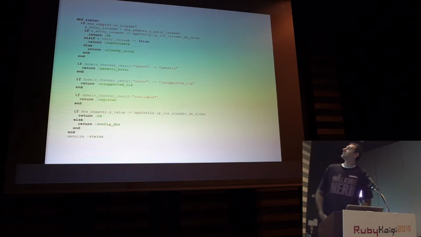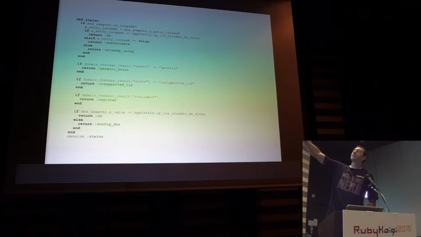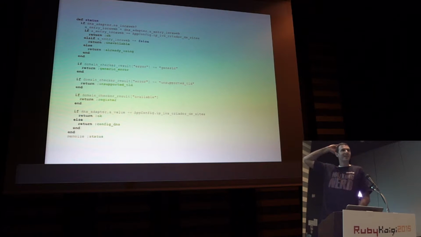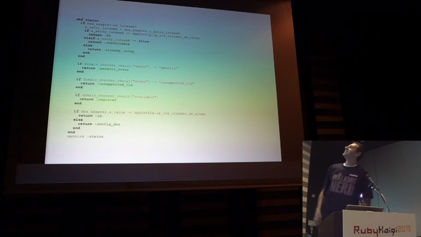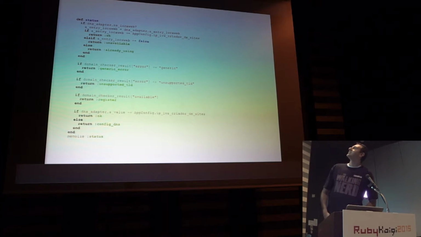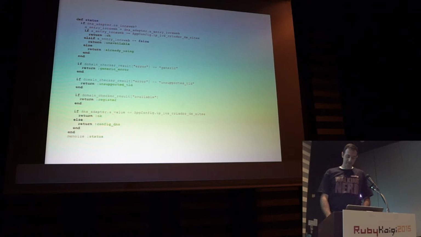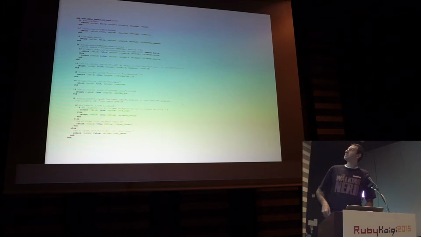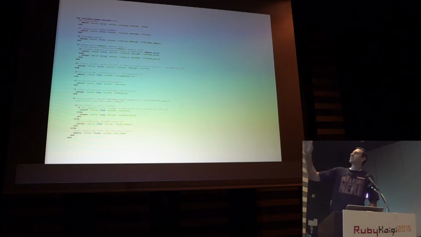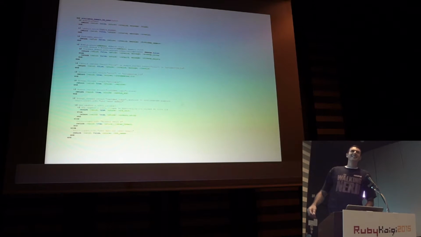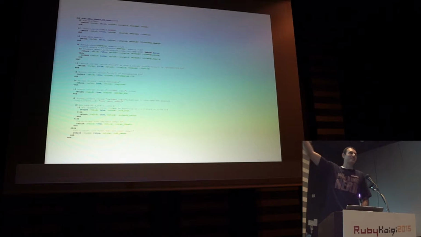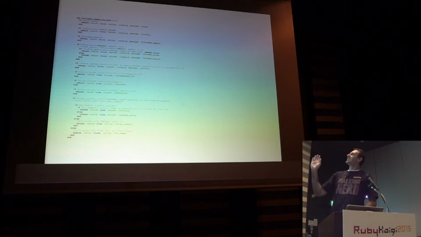How many ifs can you see here? A lot of ifs. An if inside an if, else if, else. A lot of ifs. What about this? Yeah, like a graph, the graph of ifs.